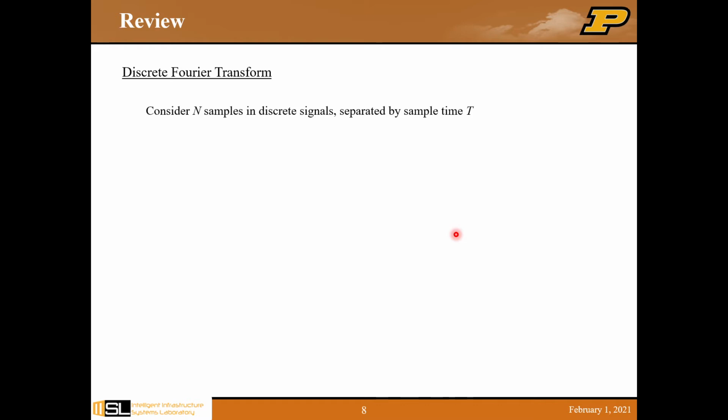We only have a limited number of samples in the discrete signal, separated by T. Then the original Fourier transform can be converted to a discrete summation of the samples, which is the summation of x of k times e to the minus j omega kT, from k equal to 0 to k equal to N minus 1. T here is the sample time.